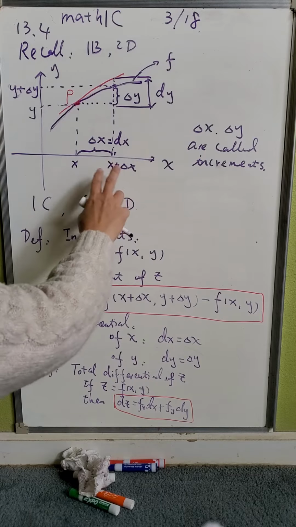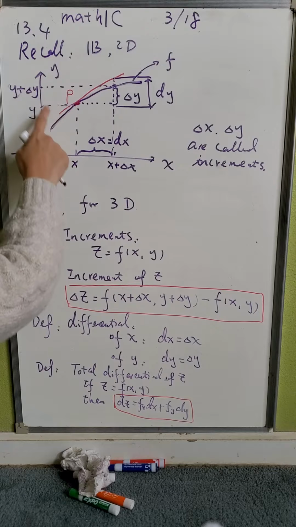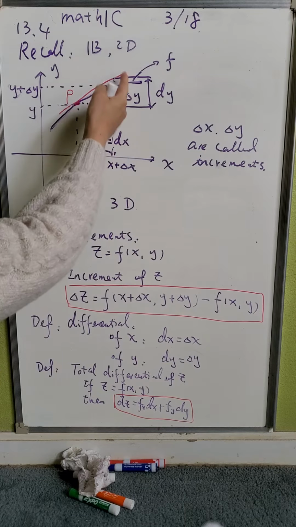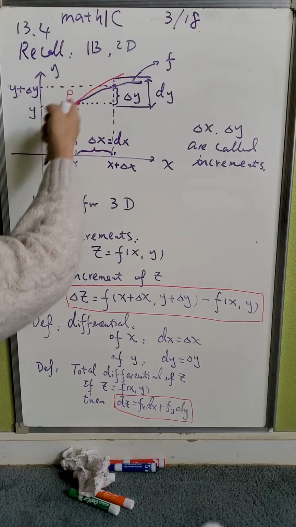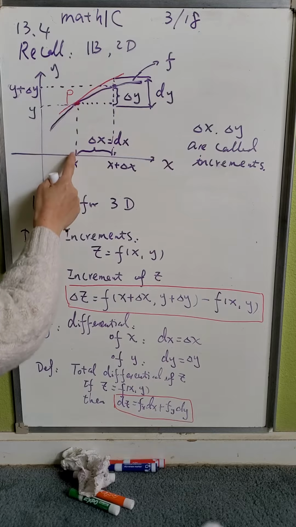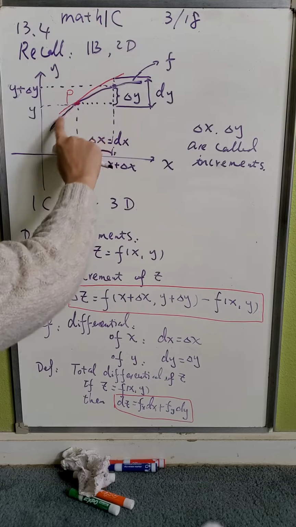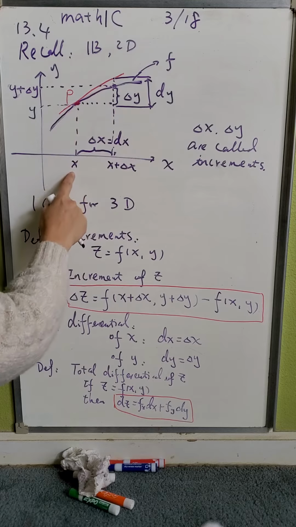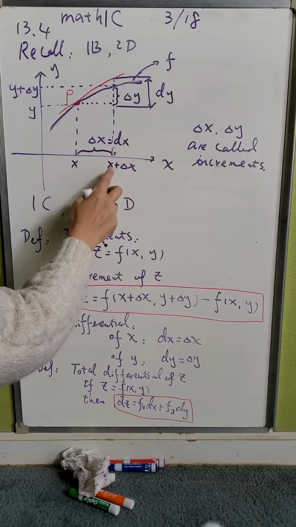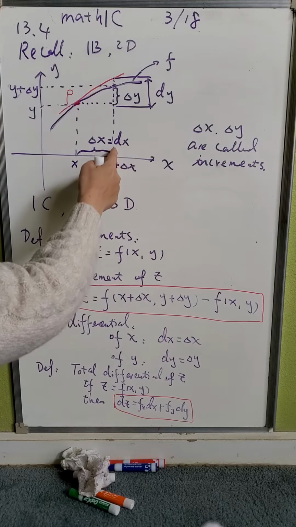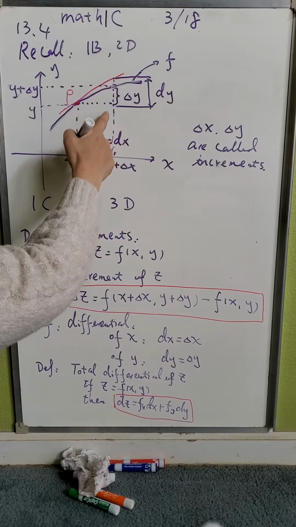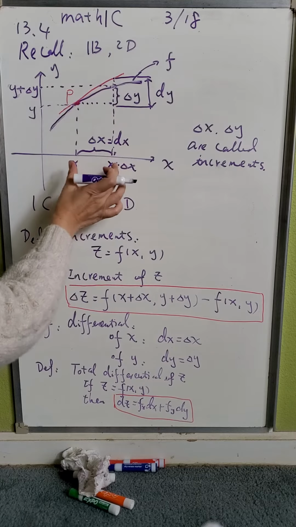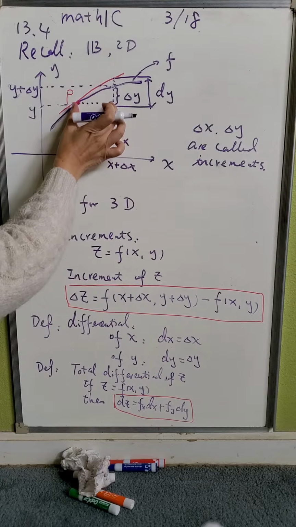So you can remember in 1B, for the tangent line here, this is an x here also, for the curve is also x. When you come here to x plus delta x, if you go up, touch this point, and then go up more, touch the tangent line, this distance doesn't change all the way.